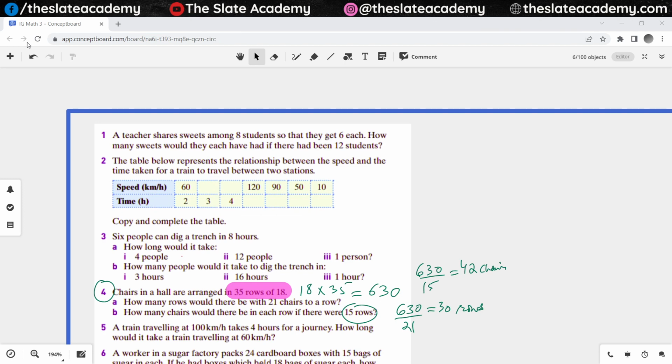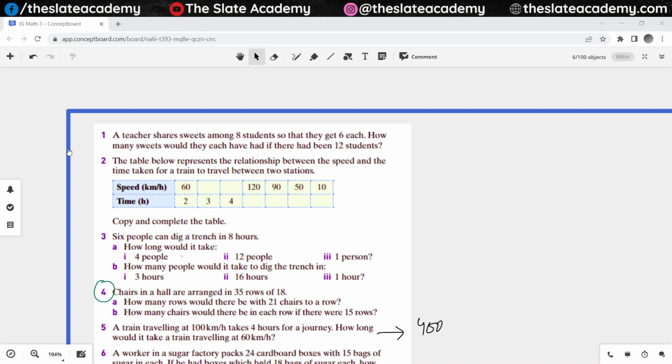Okay. Question number 5 quickly. For question number 5, a train is traveling at the speed of 100 kilometers per hour for 4 hours. So first we'll calculate the total distance it covers. 100 into 4 is 400 kilometers.